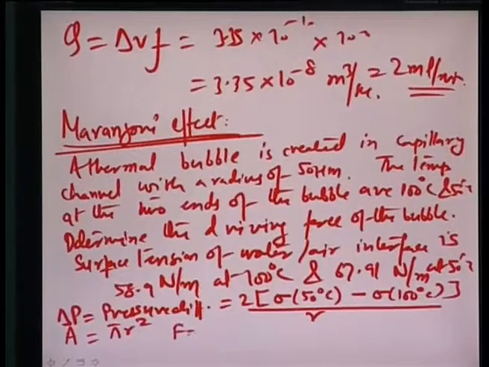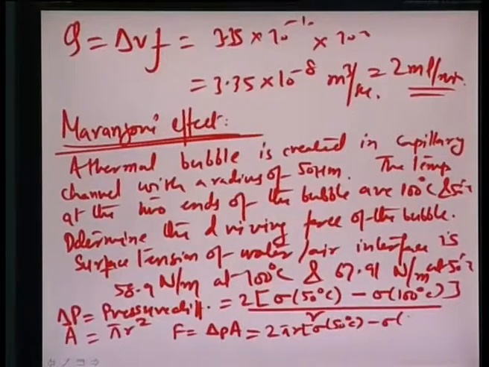So, the force F is equal to delta P times A, which is twice pi r times sigma at 50 degrees Celsius minus sigma at 100 degrees Celsius, which on calculation comes out to be equal to 0.9 micronewtons.